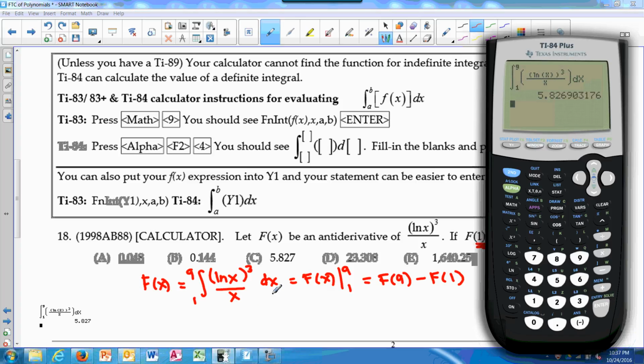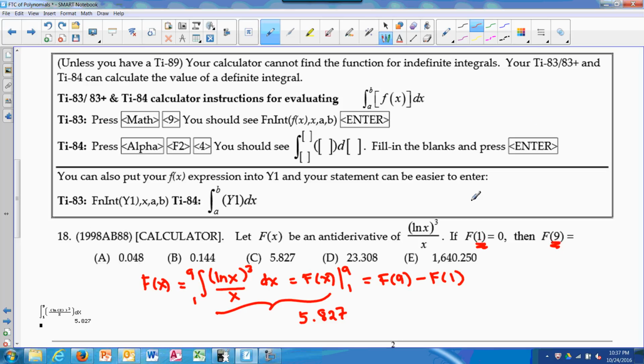And I came up with this value being, so this is equal to 5.827. Remember, I got my fraction by doing alpha y equals. Now that says that's equal to F of 9 minus F of 1.